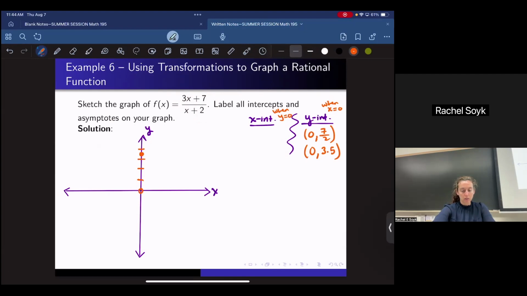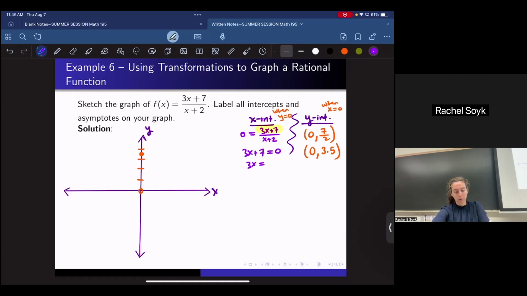X-intercepts. We want to set this function equal to 0. So 0 is equal to 3x plus 7 over x plus 2. And specifically, what makes it 0, we're honing in on that numerator. So we just set 3x plus 7 equal to 0.